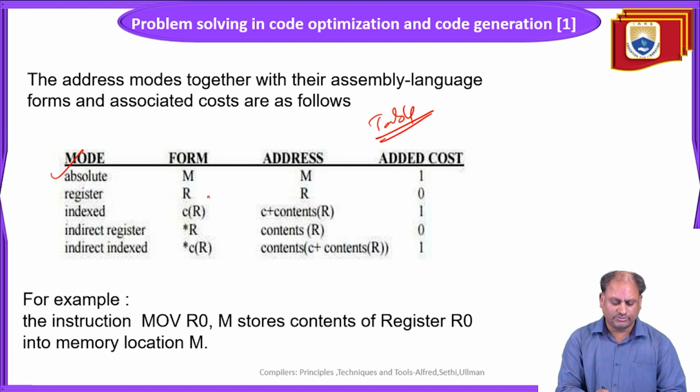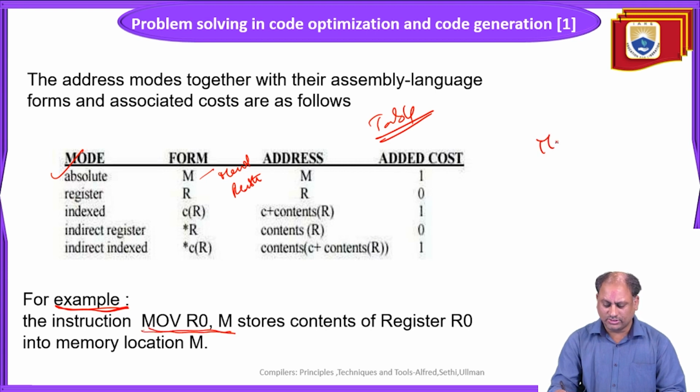That is absolute, memory, registers, and registers. So here in this example, let us go on with an example: Move R0, M.